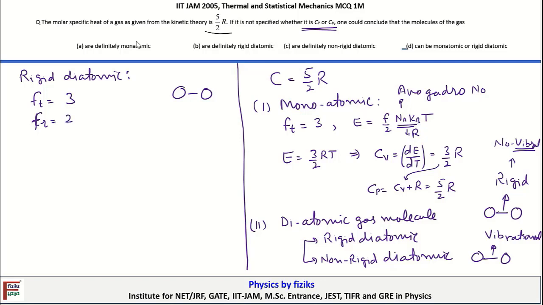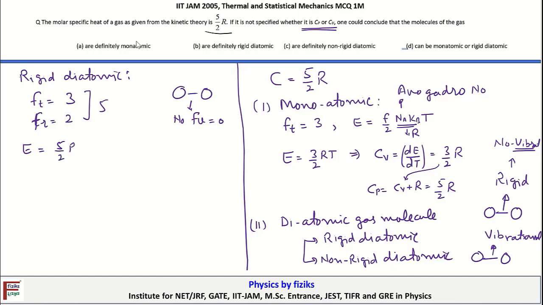Only 2 rotational degrees of freedom we need to consider, and there will be no vibration when it's rigid, so F_V is equal to 0 here. So the total for the diatomic molecule, if we consider the translational and rotational degrees of freedom, will give us 5.